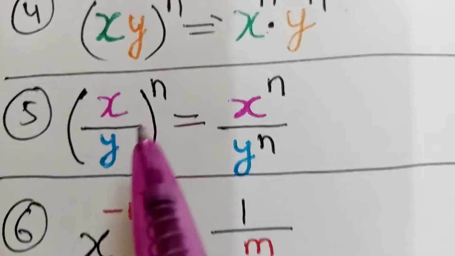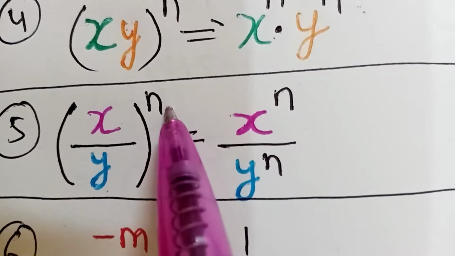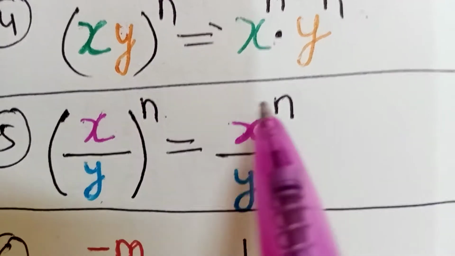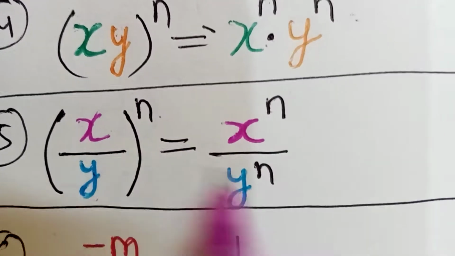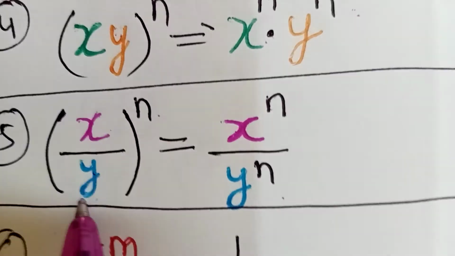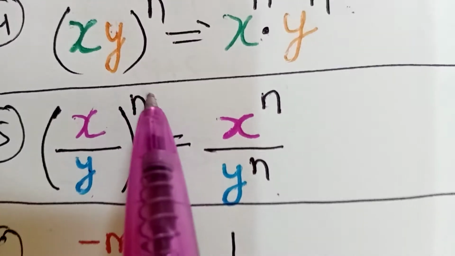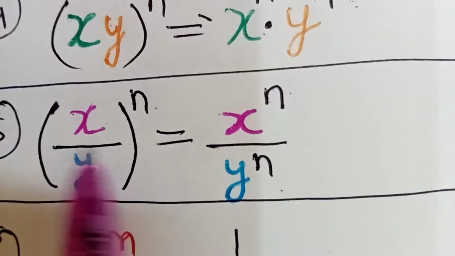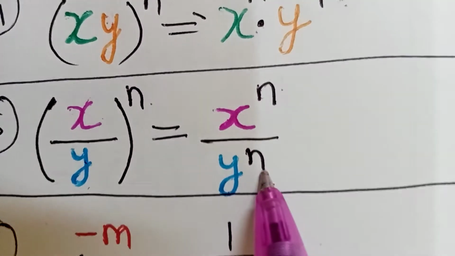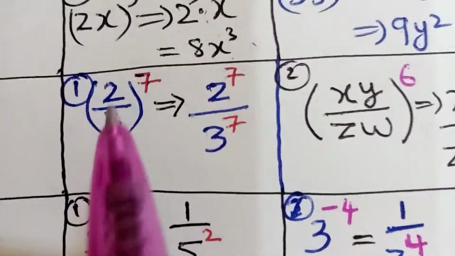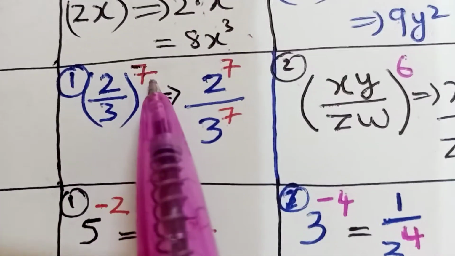Okay. Next formula: x by y power of n. So x power of n by y power of n. Let us go for an example. 2 by 3 power of 7.